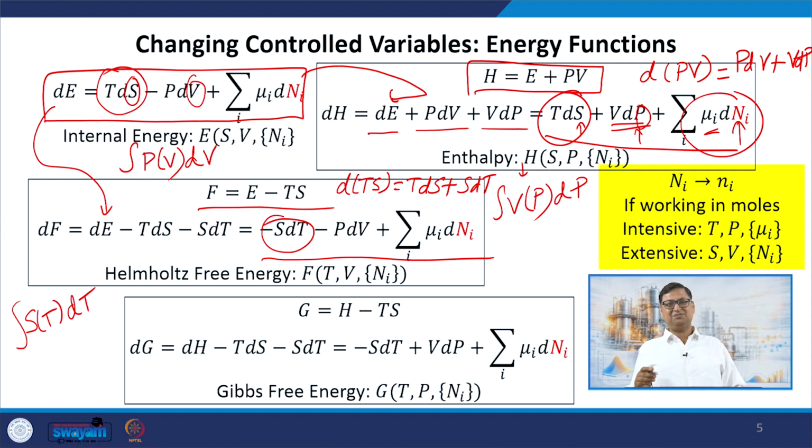This will be a system where temperature is the independent variable. I have the ability to control temperature, which we refer to as an isothermal system, right. What is important here is that I have the ability to control temperature. So, if I can run the system at 25 degrees Celsius, I have the arrangements of heating and cooling, whatever is required to achieve a temperature of 25 degrees Celsius.